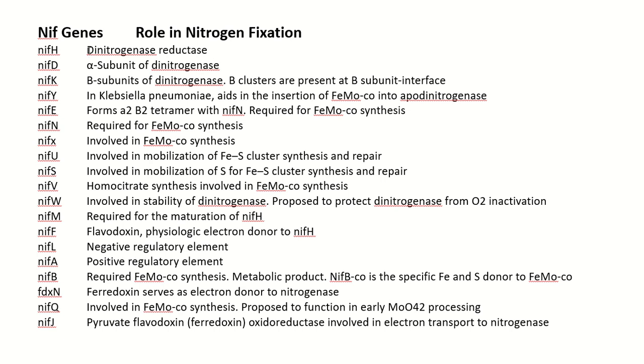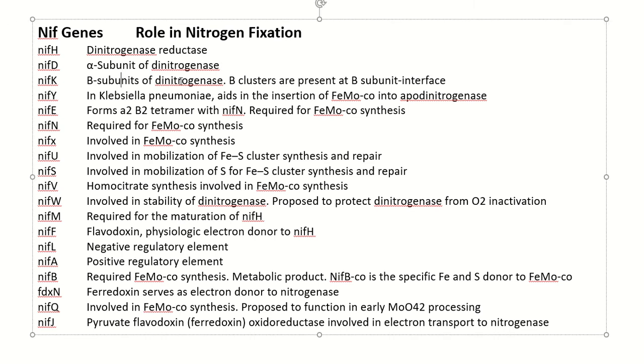Then NifD means dinitrogenase alpha subunit. Then NifK, Klebsiella, you know very well, beta subunit. Clusters are present in NifY, Klebsiella pneumoniae, that inserts FeMo. Then NifE is an alpha2 beta2 tetramer with NifN, and NifEN, same thing as previously, but here co-synthesis is there.